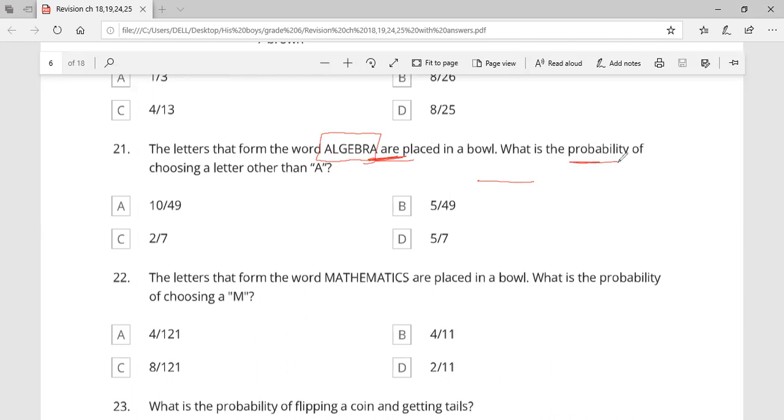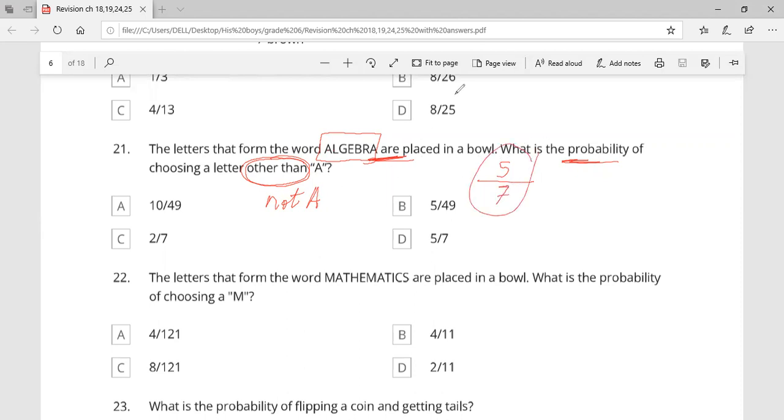He asks you about the probability of choosing a letter other than A. Other than A means not A. So we don't take A. We take the rest: L, G, E, B, R. We have 5, and if you count 1, 2, 3, 4, 5, 6, 7, the answer is 5 out of 7, not A.